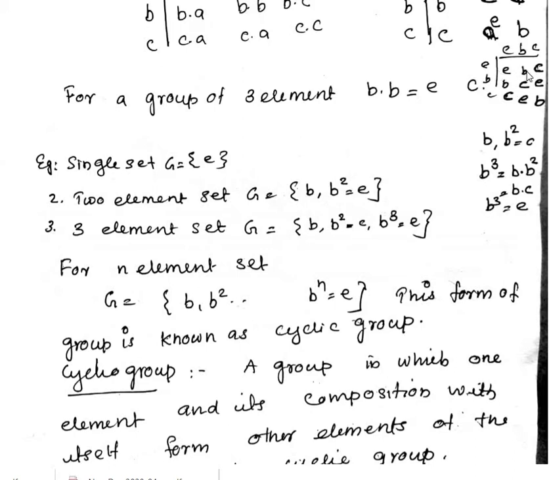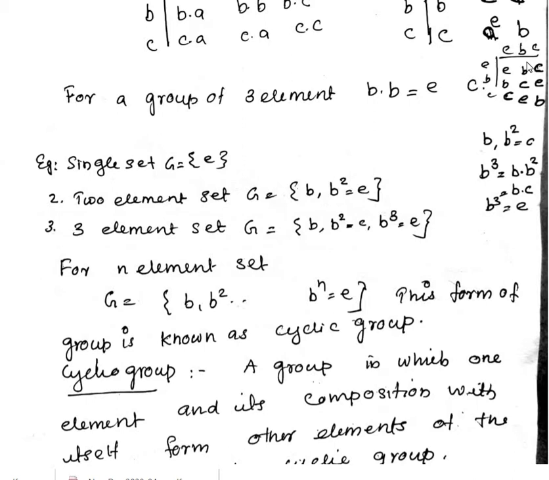So it is B. This element should never be B, because B appears in this column once. So here is B. So B should not be here in this column and in this row.